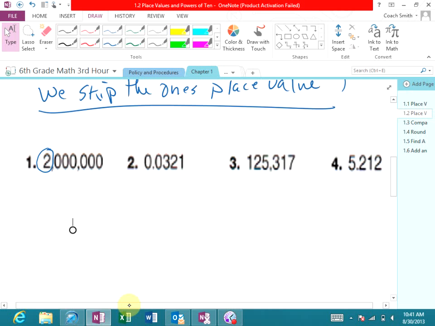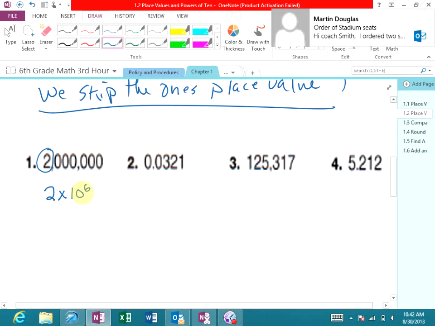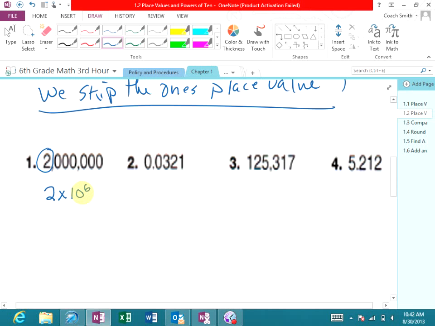Millions. Okay? Now, here's where you have to think. How many zeros does a million have in it? 6. So what's my exponent going to be with my power of 10? 6. So you would say 2 times 10 to the 6th power. Instead of putting 2 million, we take 2 times its place value, which is 10 to the 6th.